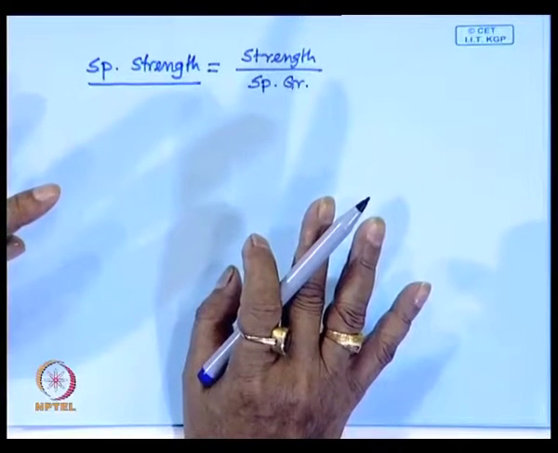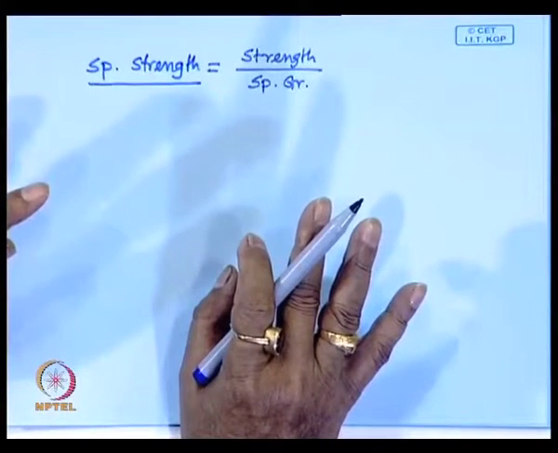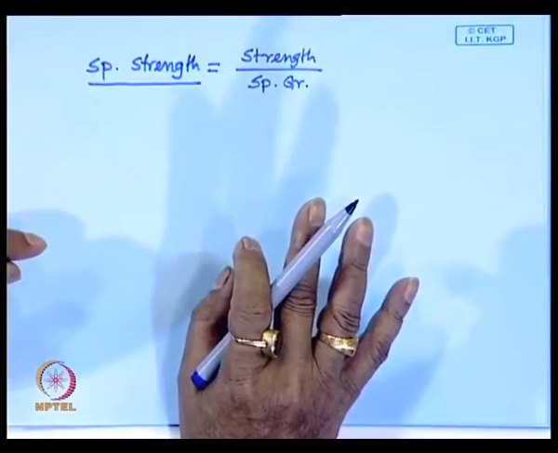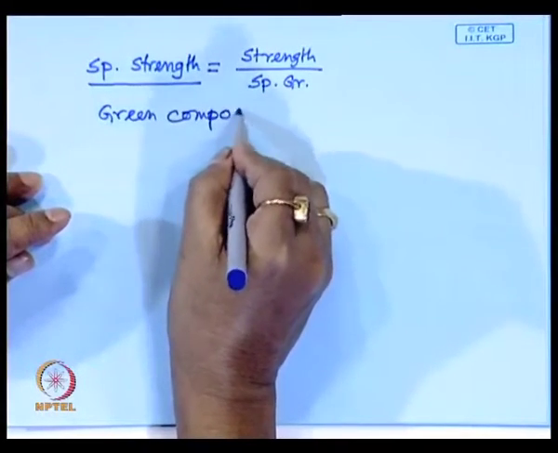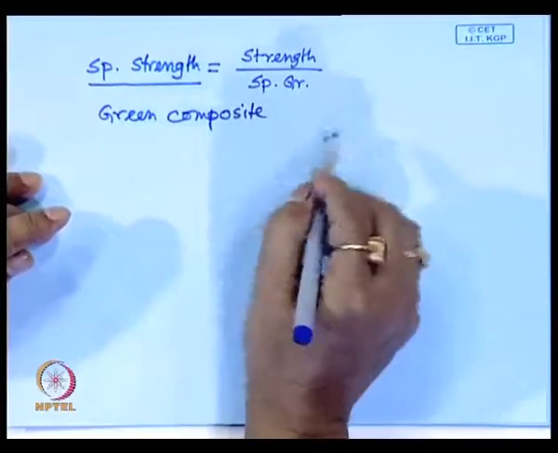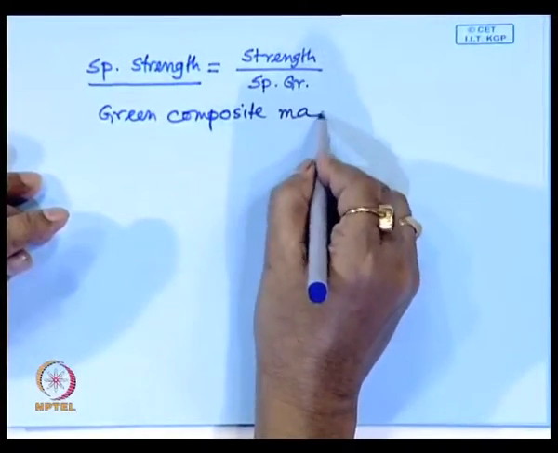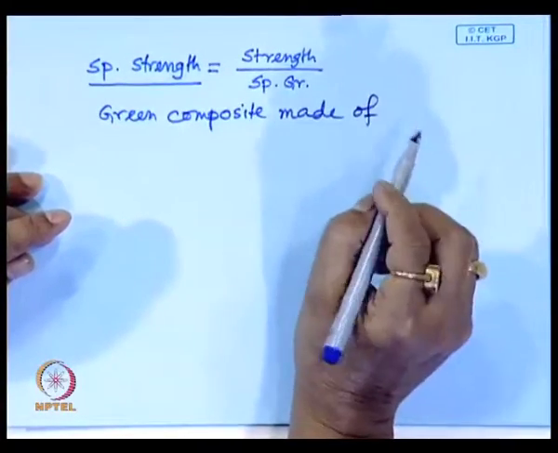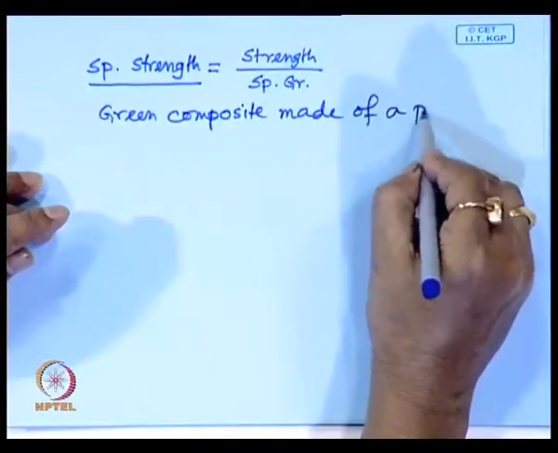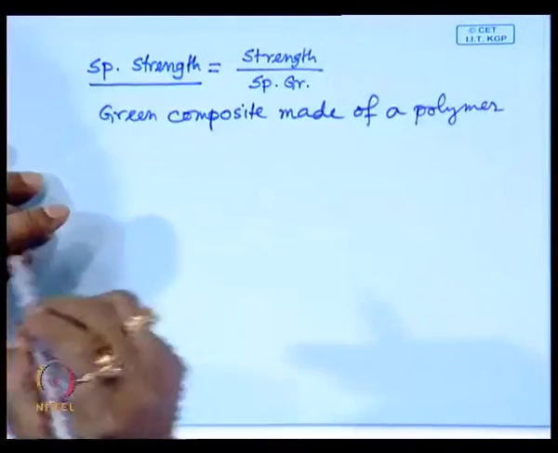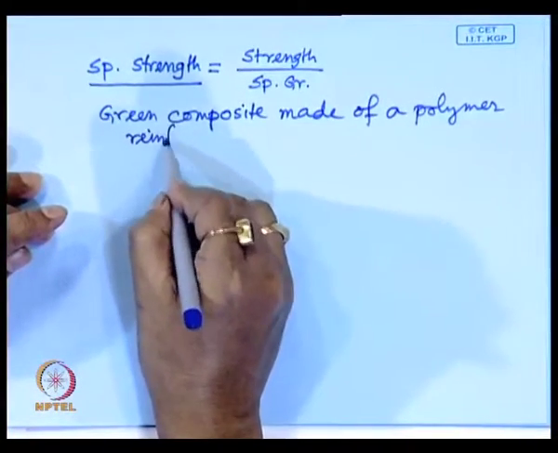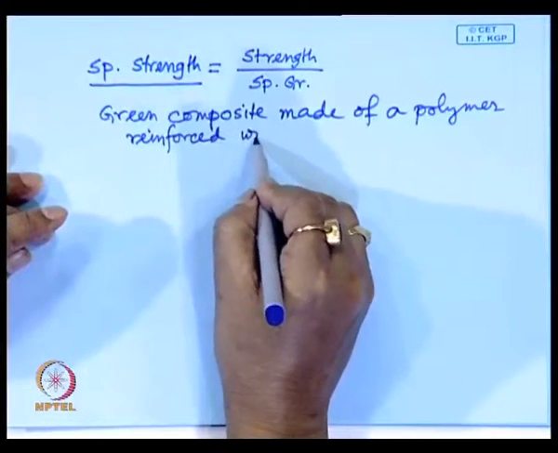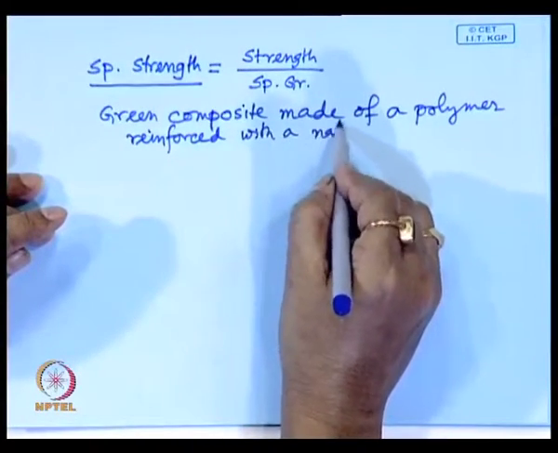Today, automobile vehicles are thought of as fully green composite. What is green composite? Made of a polymer reinforced with a natural fiber.